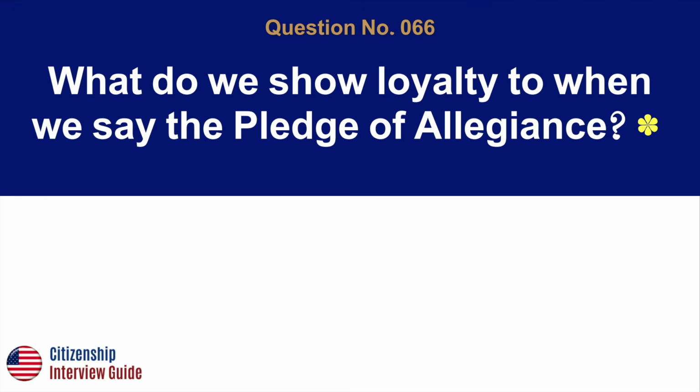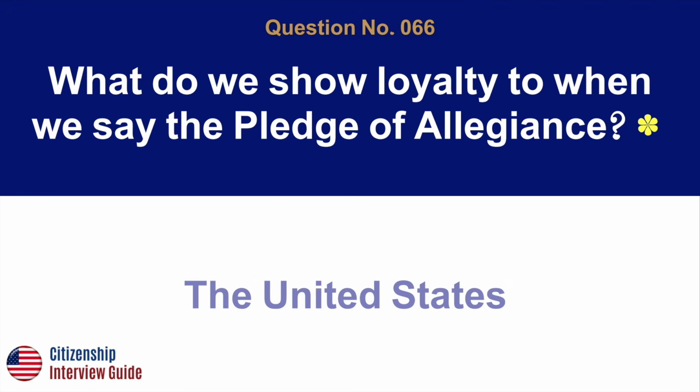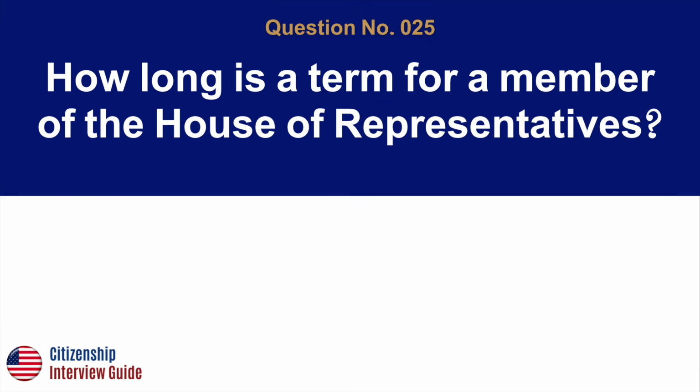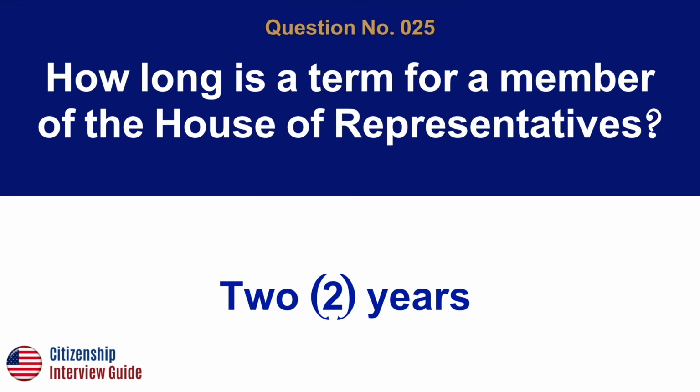What do we show loyalty to when we say the Pledge of Allegiance? The United States. How long is a term for a member of the House of Representatives? 2 years.